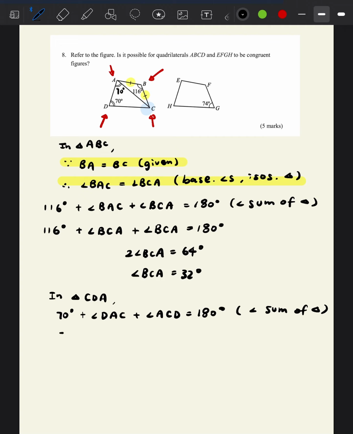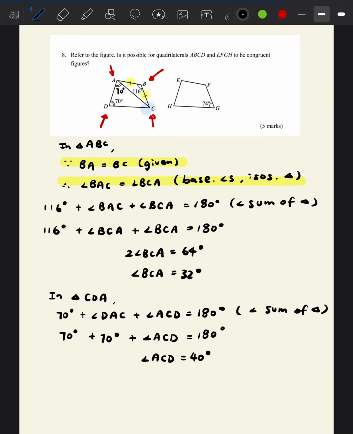So next step, you can write 70. Don't write 70 at the very beginning for angle DAC, because it's not exactly written on the diagram, so it's always better if you write the original angle DAC. Because it's given as the same, you can write 70 on the next line, and therefore your ACD is 180 minus 70 minus 70, which is 40.